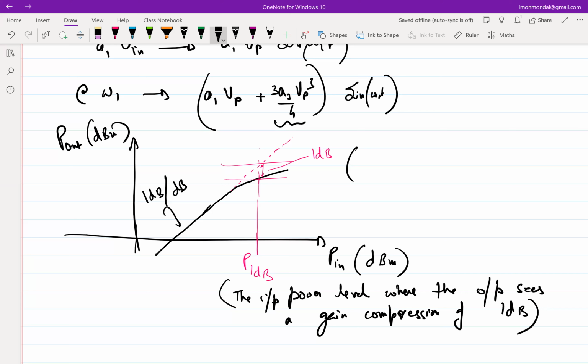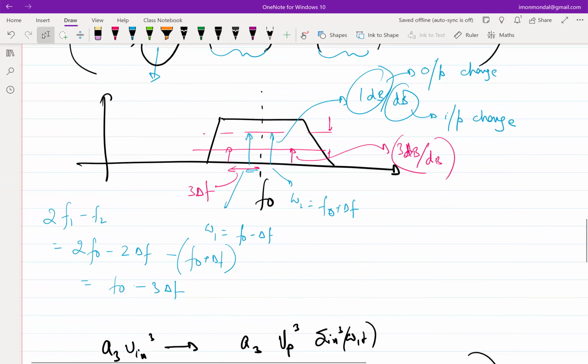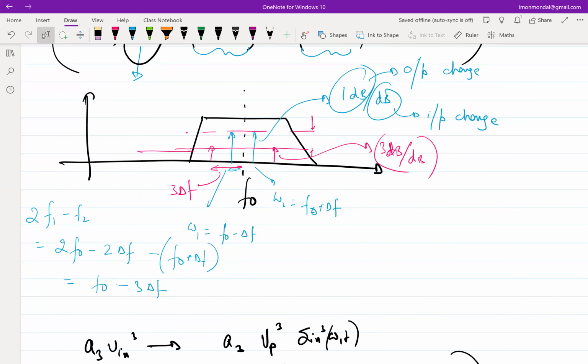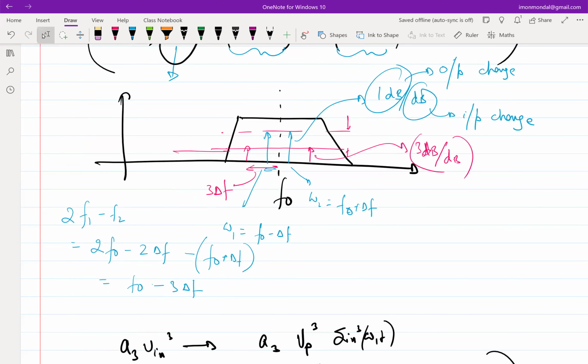Okay. So now another way of characterizing distortion in RF systems is by looking at the strength of this red term. By the way, there is a term associated with this, just like anything else in RF. This is called an intermodulation term, third order intermodulation component.